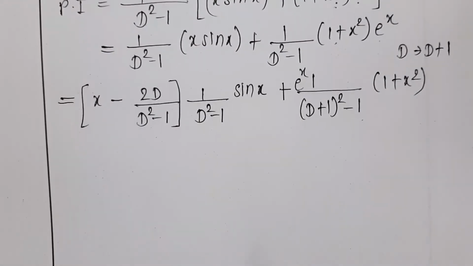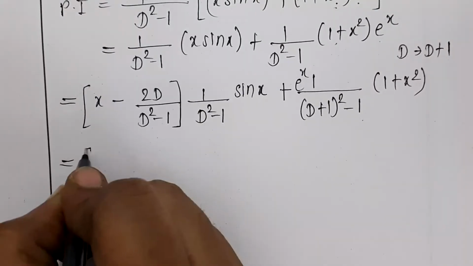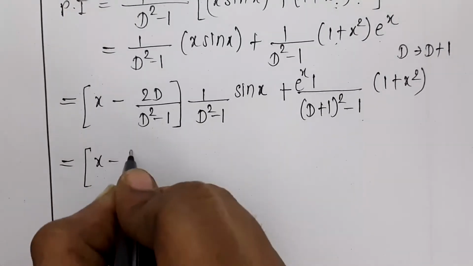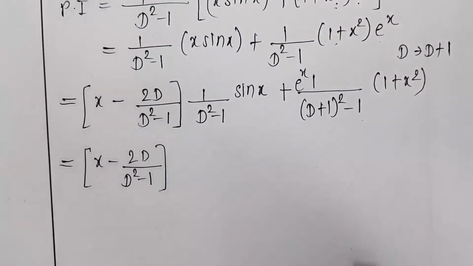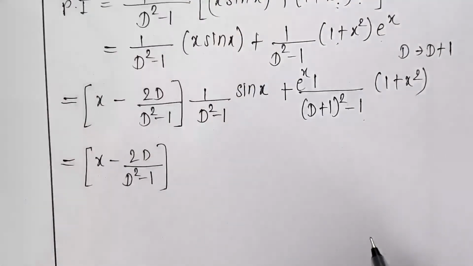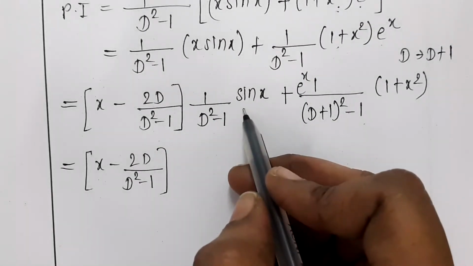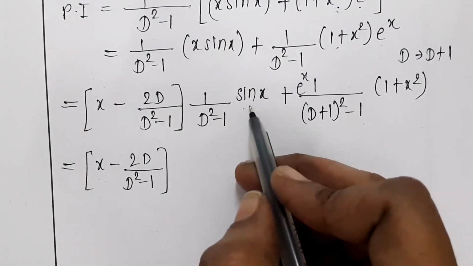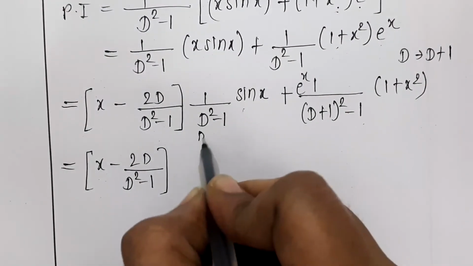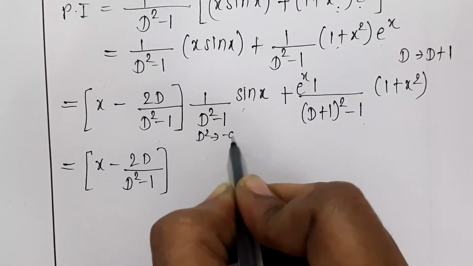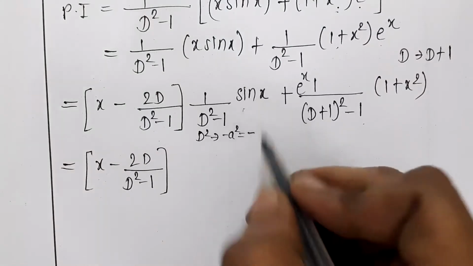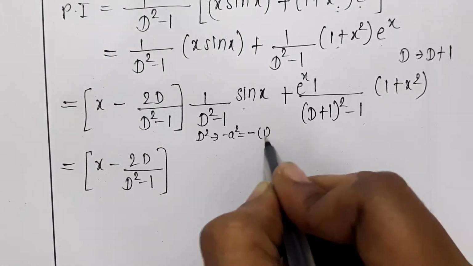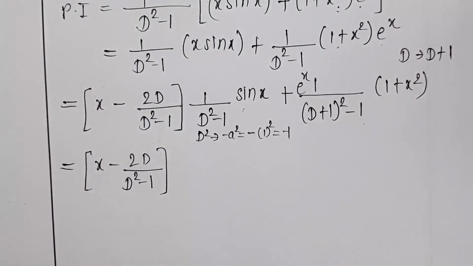Now simplify it. It is equal to x minus 2d divided by d square minus 1. First simplify this term, 1 upon d square minus 1 into sin x. What is the trigonometric case? Replace d square by minus a square. Here the value of a is 1, so minus of 1 square, which is equal to minus 1.